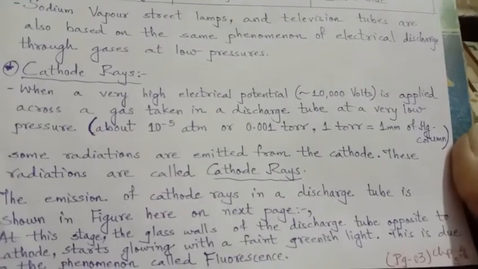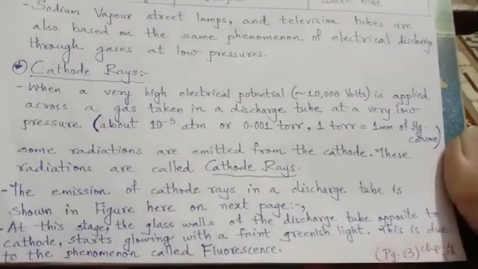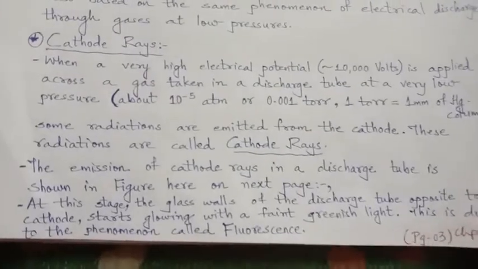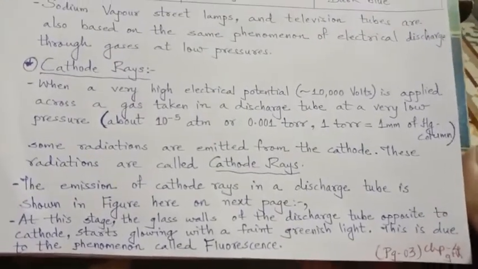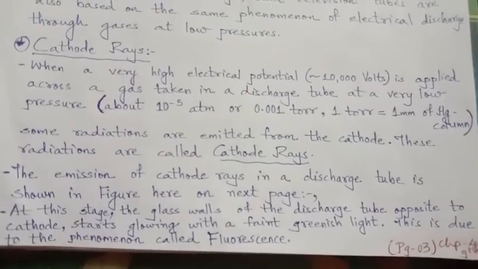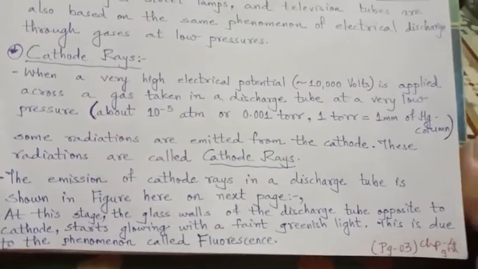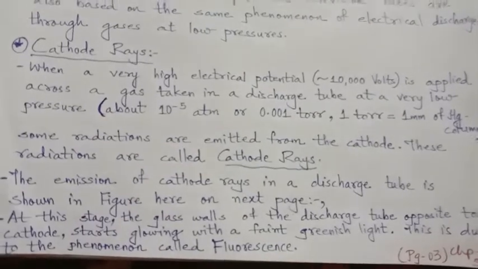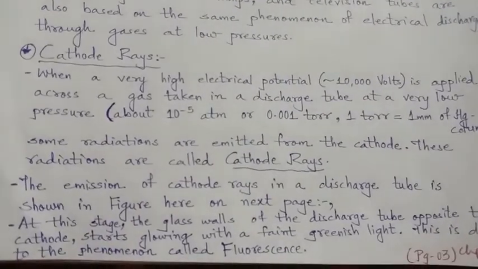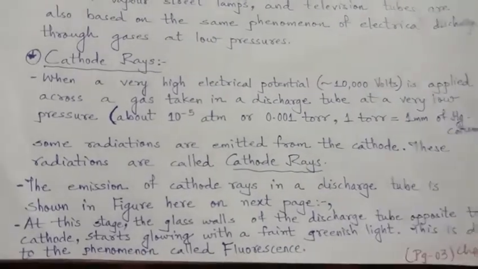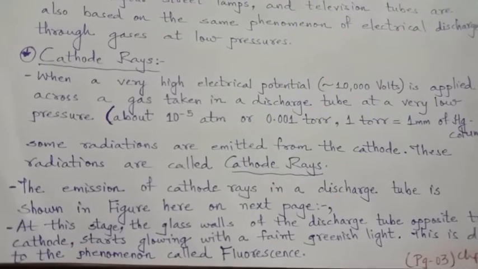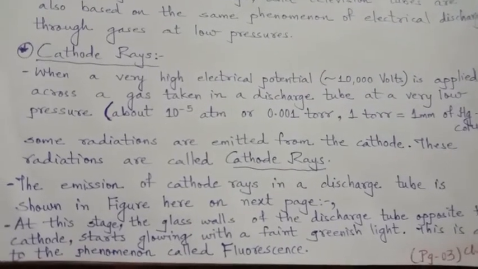When a very high electrical potential, nearly 10,000 volts, is applied across a gas taken in a discharge tube, that means a particular gas is taken in a discharge tube, and the high potential is applied through that gas, then at a very low pressure. The electrical potential is high, but the pressure should be very, very low.